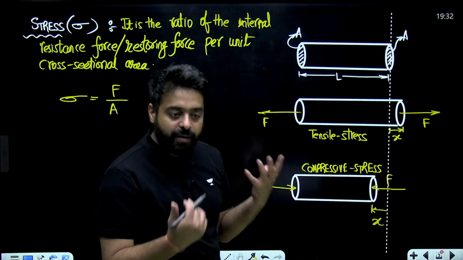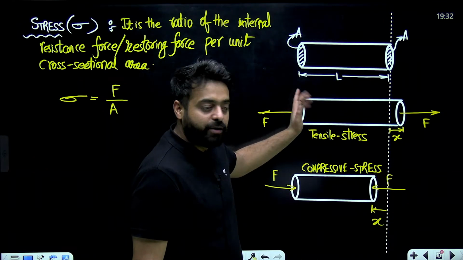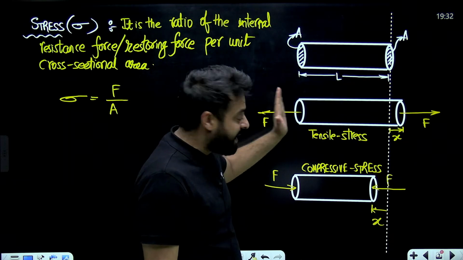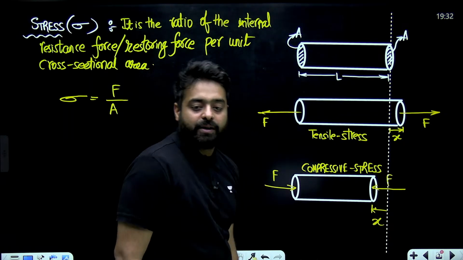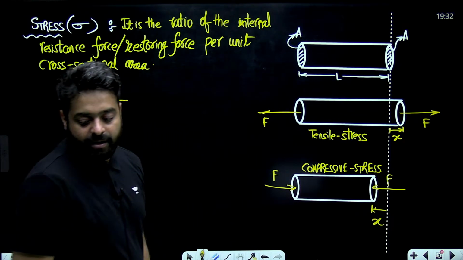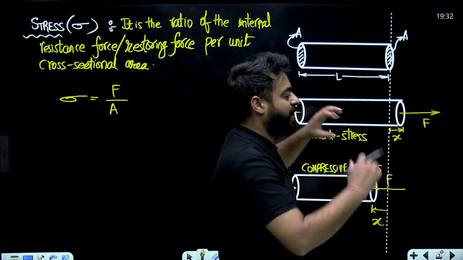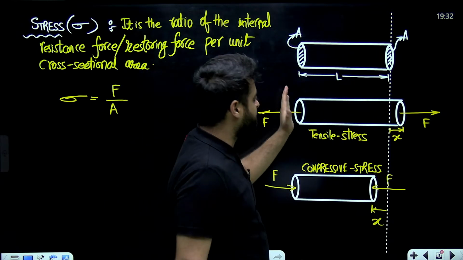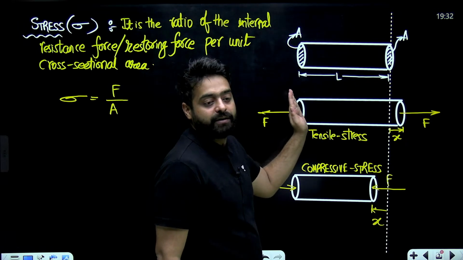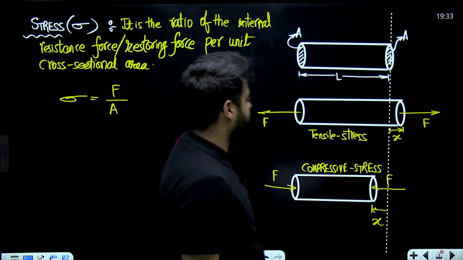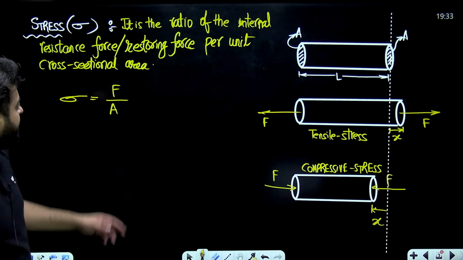No. You can say this is a fixed point, you apply force there, but this fixed point is also applying a force to remain at this fixed point. So don't cancel it out. In actual sense, there is only one force which is trying to extend the body, and this force balances it at this point, due to which the body gets extended by some value x. And I am putting this F by A.